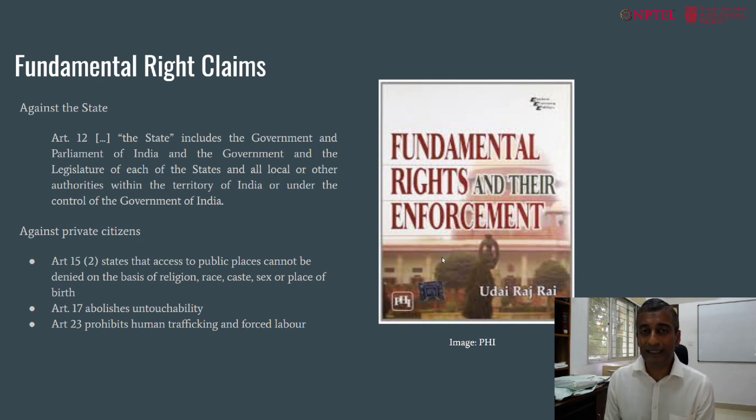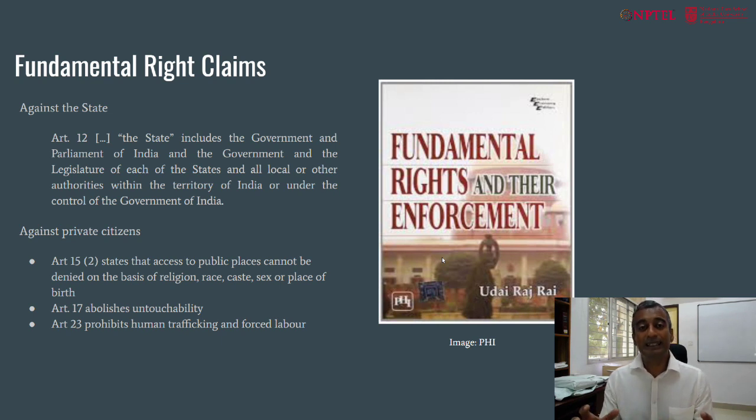Article 23 as well, which prohibits human trafficking and forced labor, is not specifically directed towards the state, so potentially applicable to private citizens. In a much more complicated way in subsequent cases, the court has interpreted various fundamental rights to be imposing obligations on private citizens.